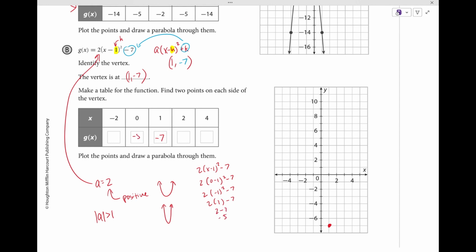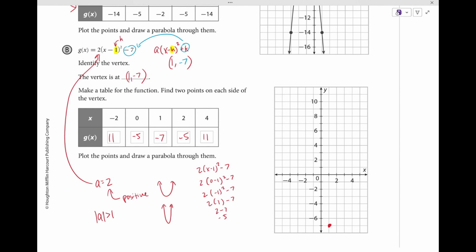I get -5 there. And I realize you can actually just put this into a calculator. That'll probably make your life a bit easier. Let me just do it in my head real quick. 4 minus 1, so 3, 9, 18, 11. Okay, and that's probably 11 too. Okay, that looks right to me.